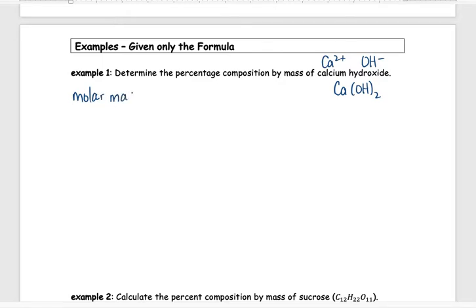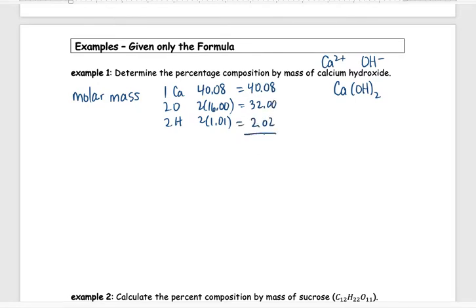We have 1 calcium, 2 oxygens, and 2 hydrogens. 1 calcium is 40.08, 2 oxygens at 16, and 2 hydrogens at 1.01. You don't have to show this much work, but just get to the right total with some work. You end up with a total of 74.10 grams per mole.